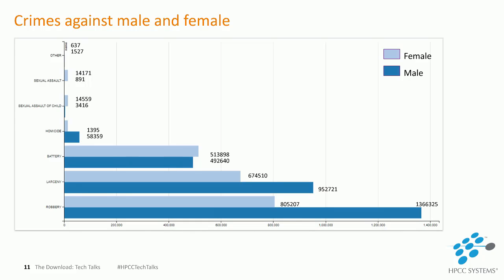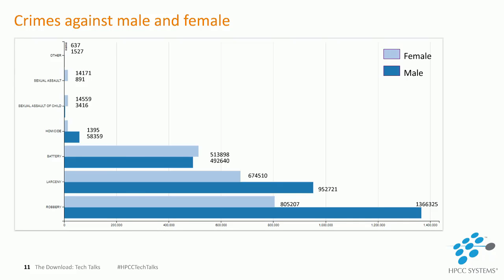You can see it in the body of the chart. And even with more registers related to male, the number of battery against females is around 4% more than against males.